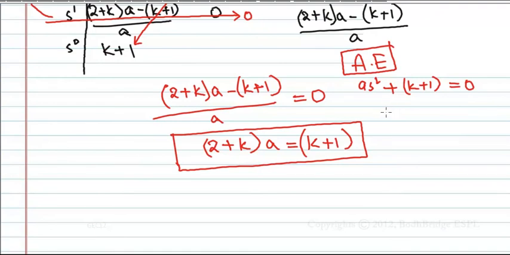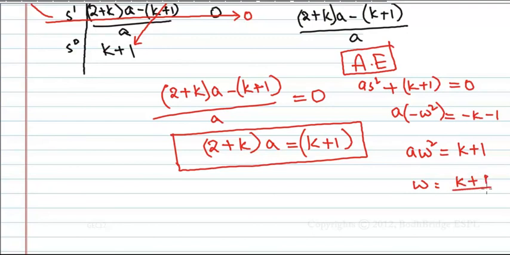Substitute s by j omega, that is a into (j omega) squared, which is minus a omega square, equal to minus k minus 1, since I am taking it to this side. Therefore a omega square is equal to k plus 1, omega equal to square root of (k plus 1)/a. This is the frequency of oscillations.